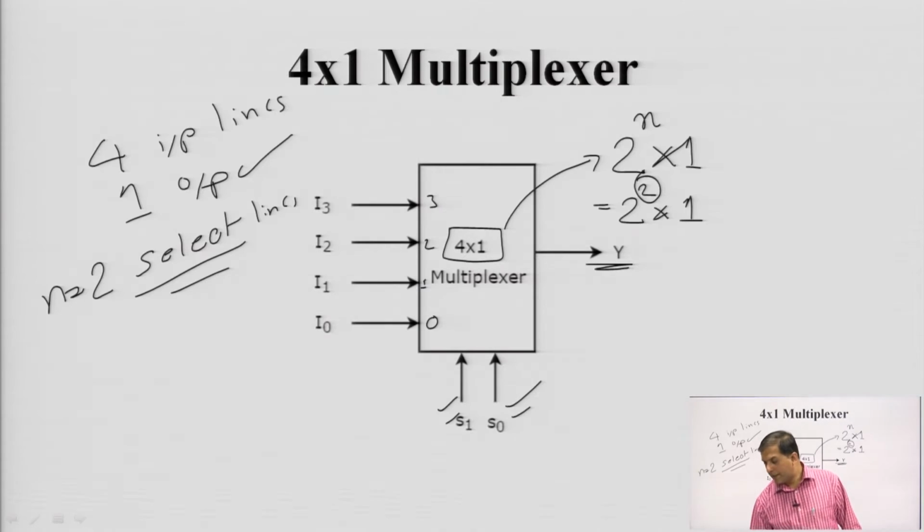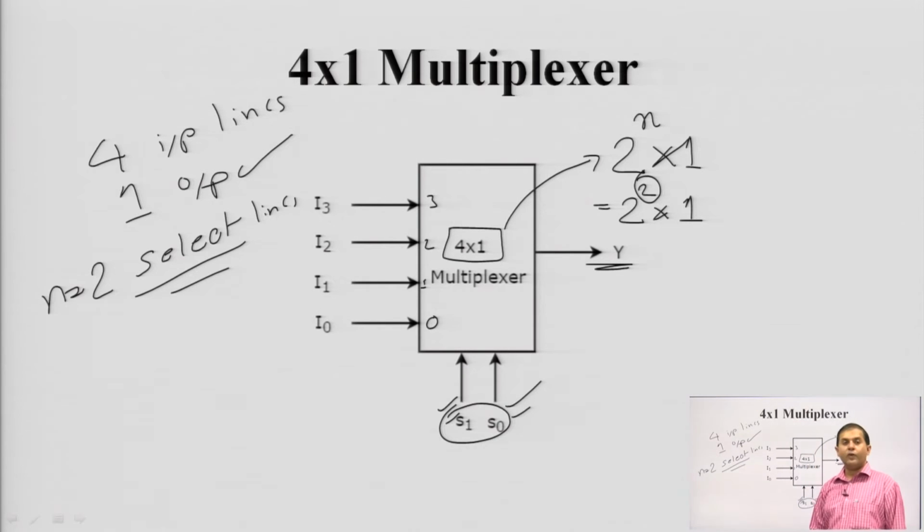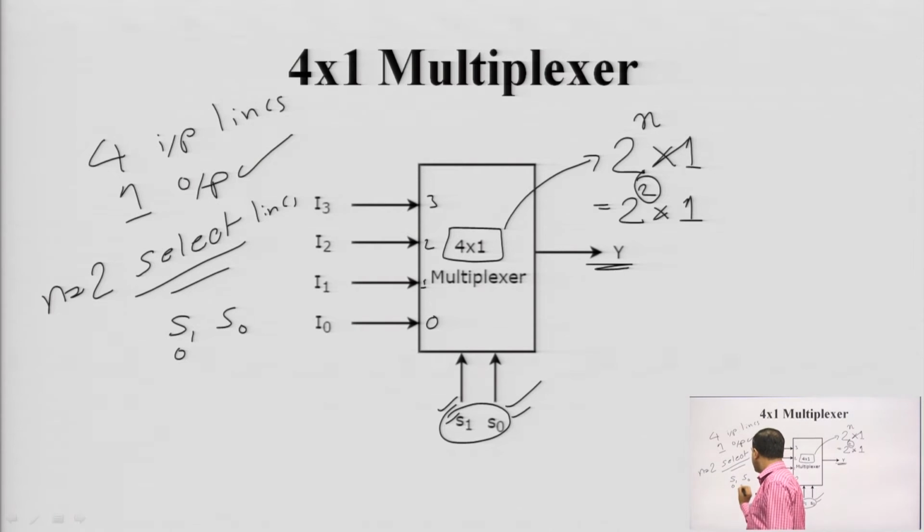How does it work? Let us check. For S1 S0, with 2 variables there are 4 combinations: 00, 01, 10, 11. In decimal, these are 0, 1, 2 and 3.